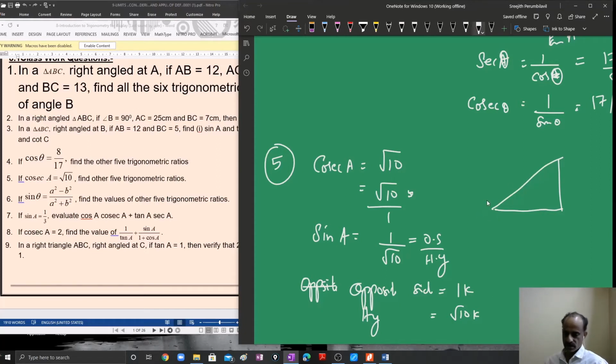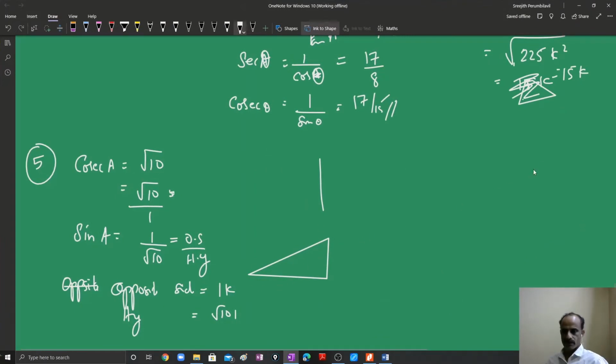I will put up a larger figure here. This is A, B, C. Opposite side is 1k. Here it is root 10k.